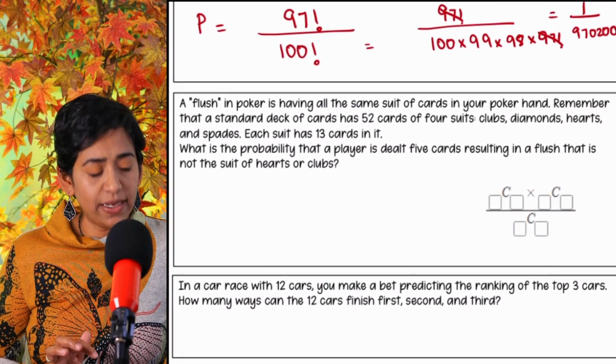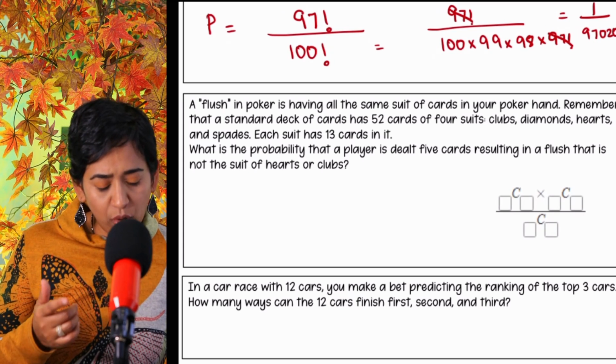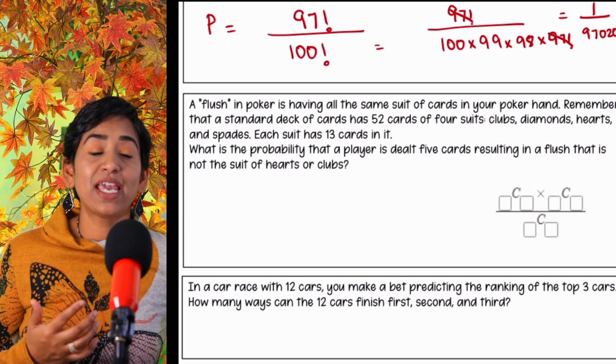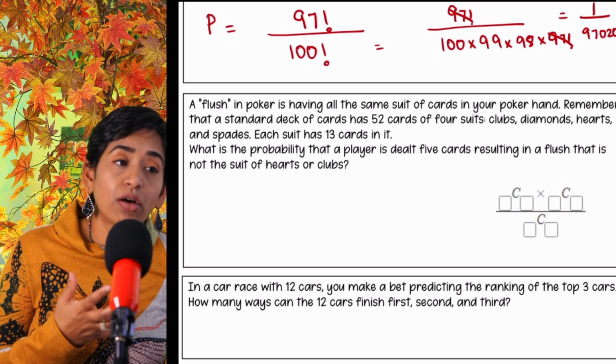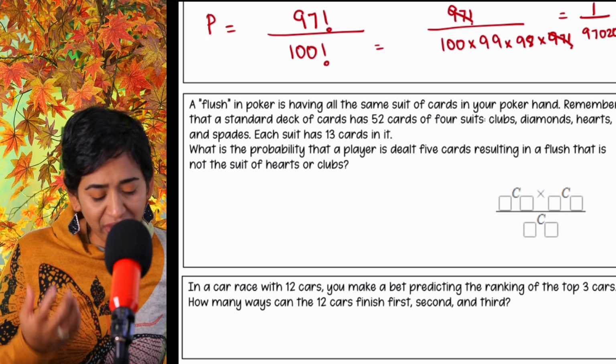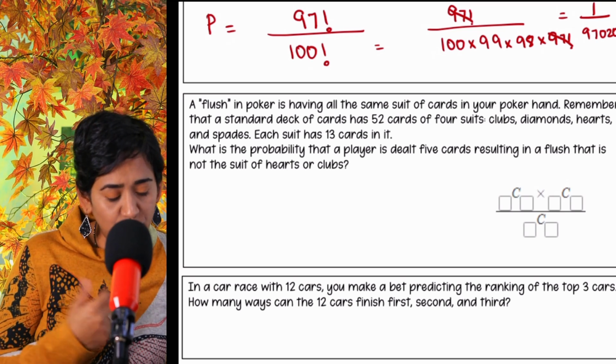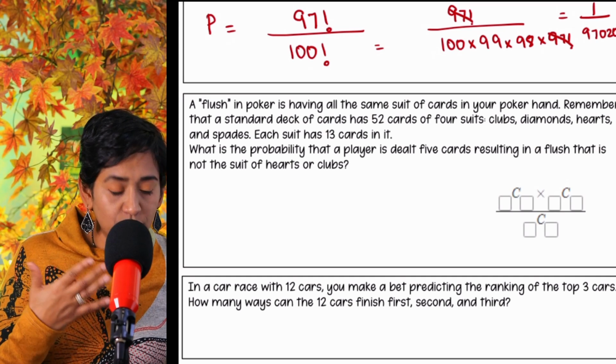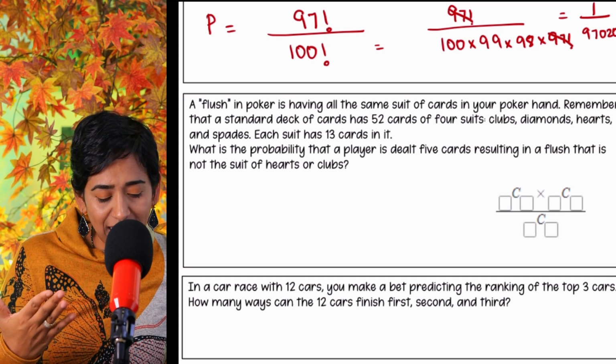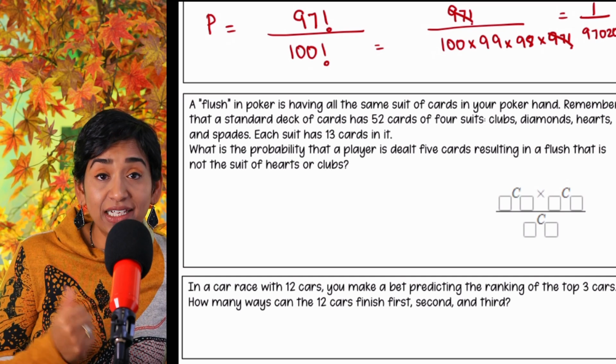Yeah, can you see this? A flush in poker is having all the same suit of cards in your poker hand. Remember that a standard deck of cards has 52 cards of four suits: clubs, diamonds, hearts, and spades. Each suit has 13 cards in it.